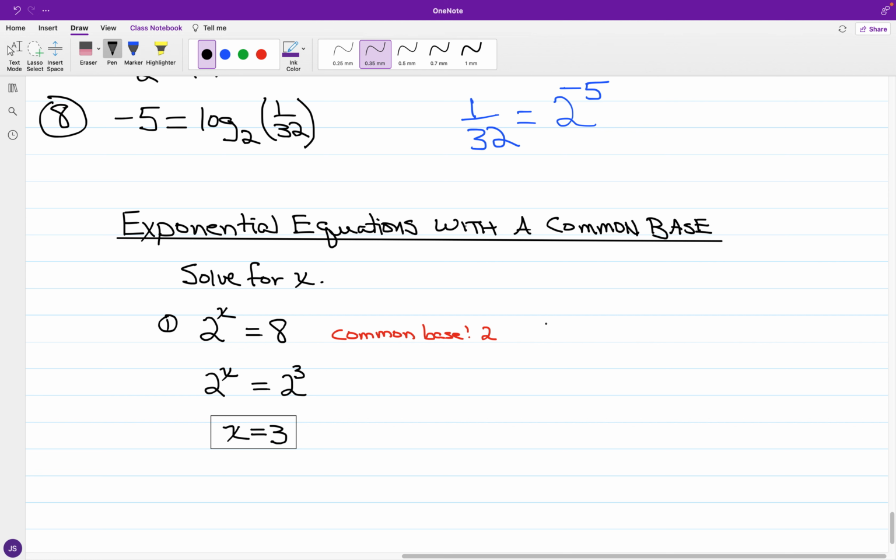Now let's say we have an expression, 10 to the x minus 4 is equal to 1,000.